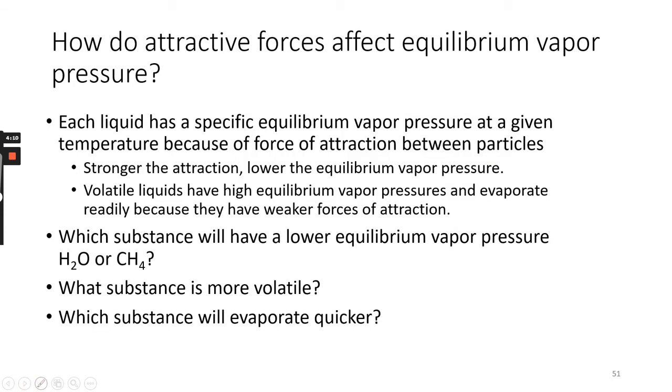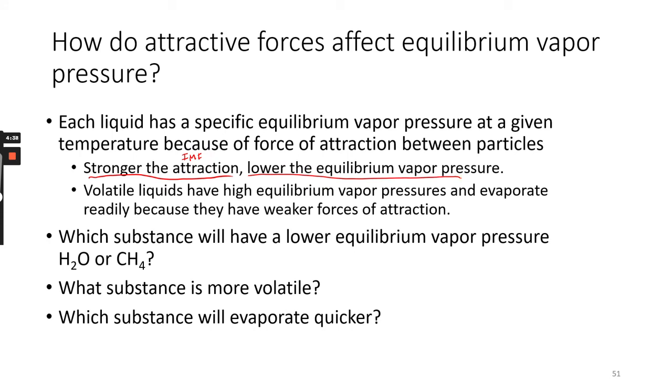So how do attractive forces affect equilibrium vapor pressure? Okay, so each liquid has a specific equilibrium vapor pressure at a given temperature because it has certain forces of attraction between the particles. The stronger your attraction, so the stronger your intermolecular forces, the lower your equilibrium vapor pressure. And let's think about that for a minute.